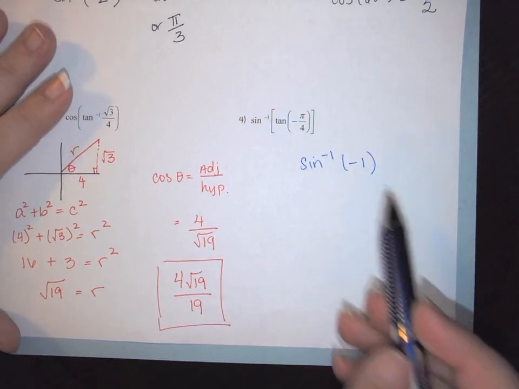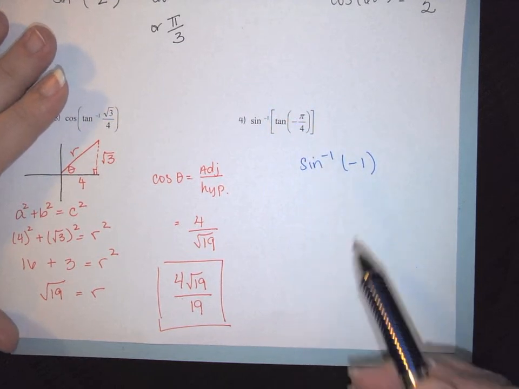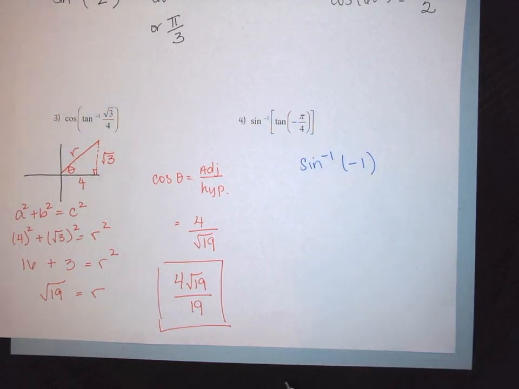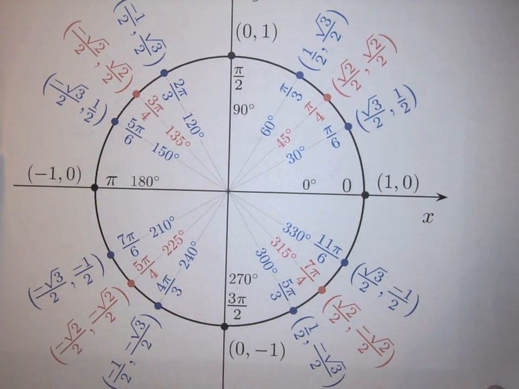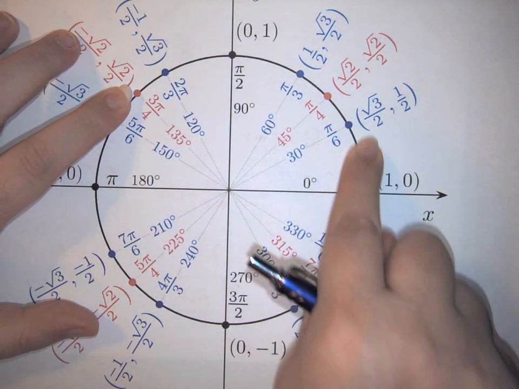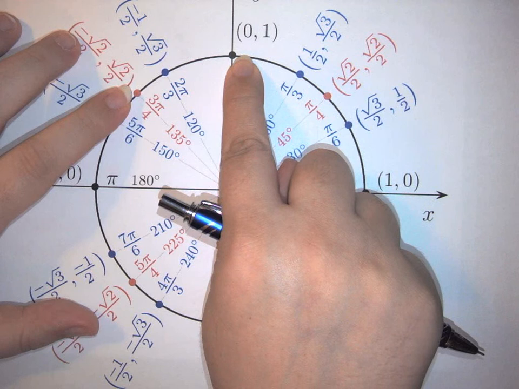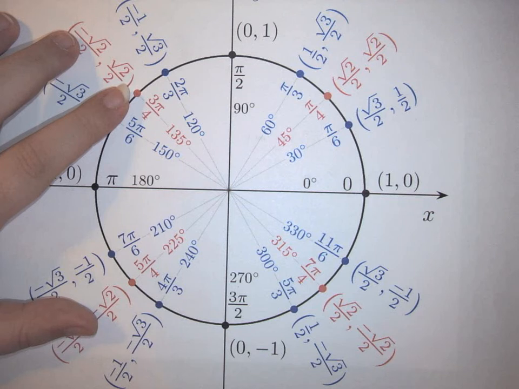And so in this case, if we were to evaluate at negative 1, remember sine, we're usually looking at the y value. So here, if we come into this, we are looking for this side of my unit circle, and I am looking for where I have a y value at negative 1.